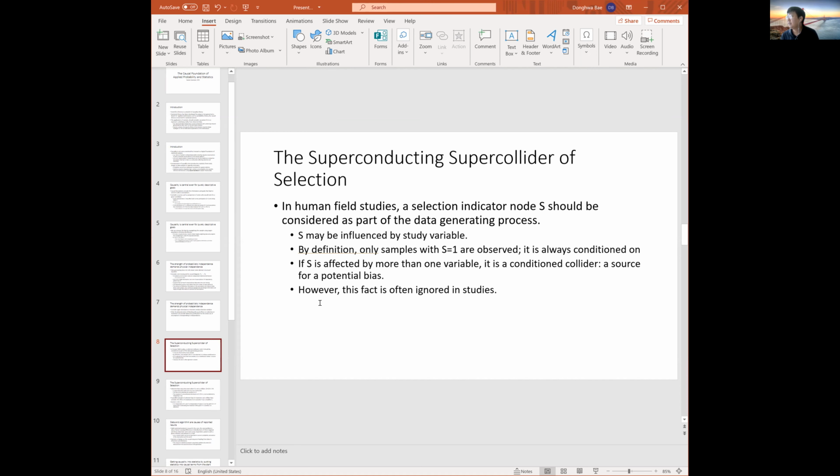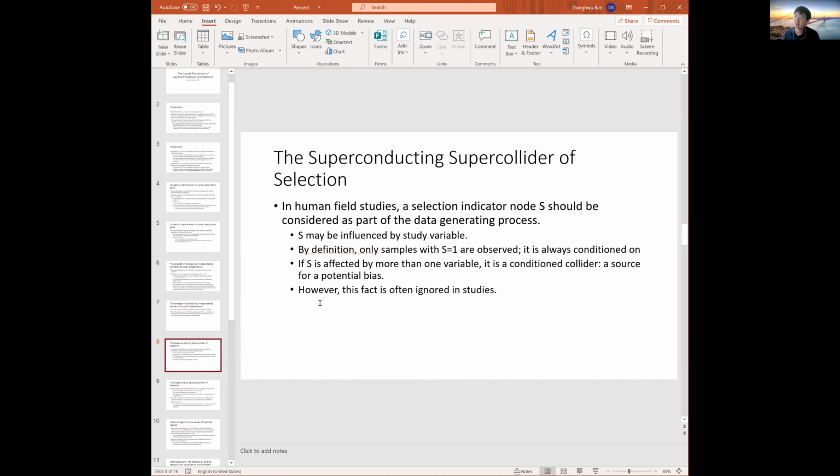Even further, if S is affected by more than one variable, then it is a conditioned collider. So that is a source for potential bias, because a collider should not be conditioned on, in order to remove the bias in that causal graph.